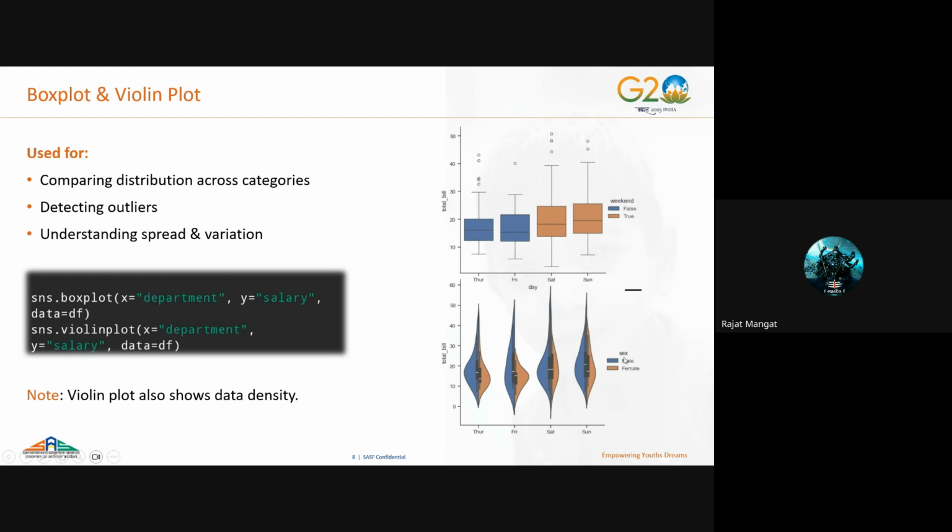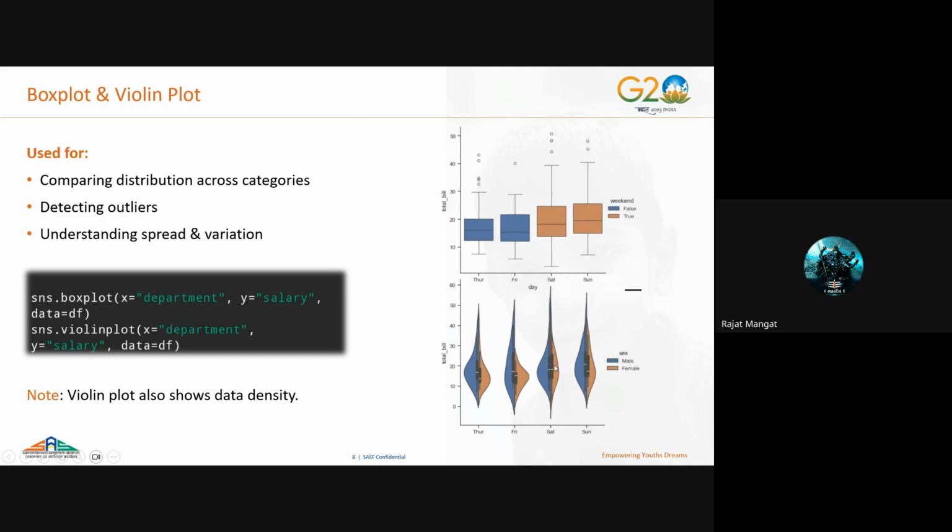You are seeing two categories, male and female. Sometimes the blue curve is getting more spread as compared to the orange curve. Now if you see on Friday, this curve is not widening, but it's lengthening. Its wideness has decreased, but the wideness of orange has increased.